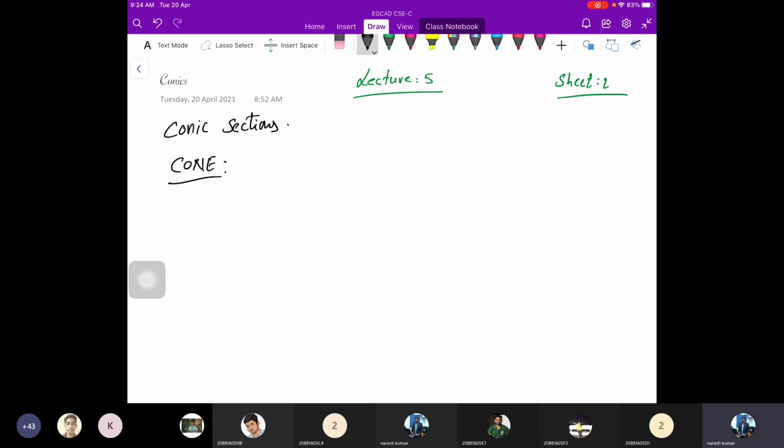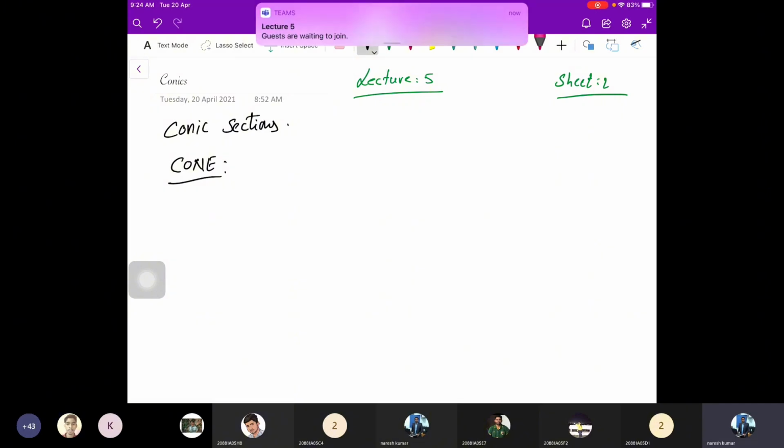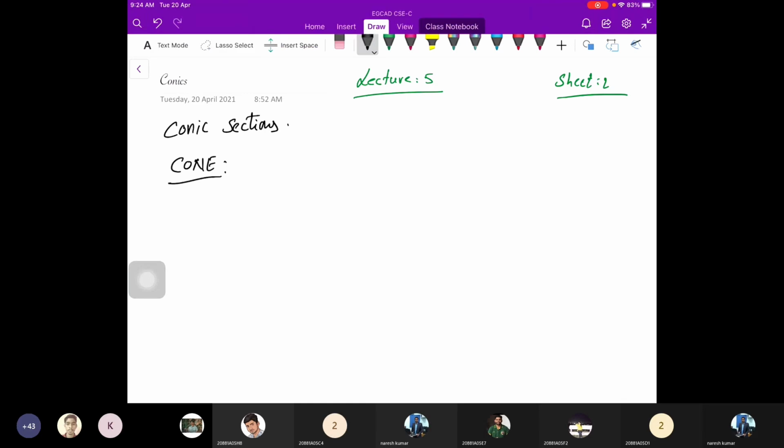Okay, settings are changed, no issue. So this cone is formed by a right angle triangle.